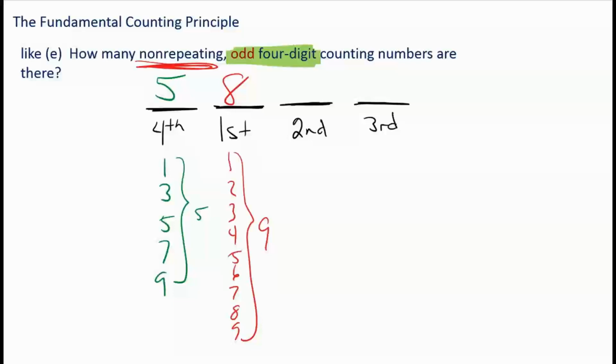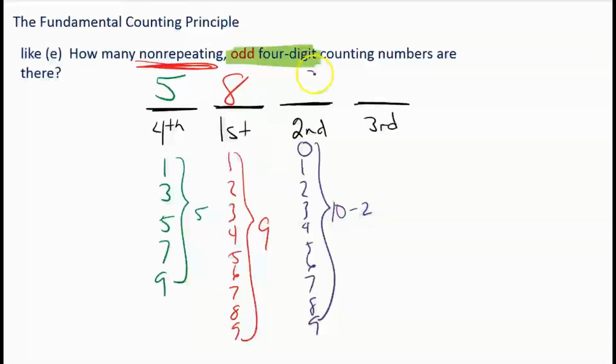Now, the second digit. What's up with the second digit? Well, it can be any number including 0. So it could be 0, 1, 2, 3, 4, 5, 6, 7, 8, 9. It can be any of those numbers, which is 10 choices. But the deal is we've already used 2 numbers up, right? We used 1 number up for the fourth place and 1 number up for the first place, which leaves us 2 out the window.